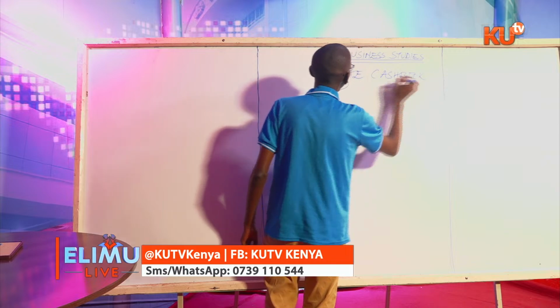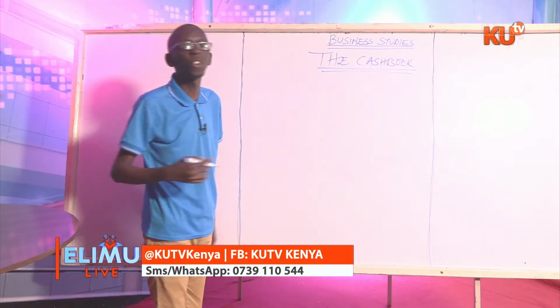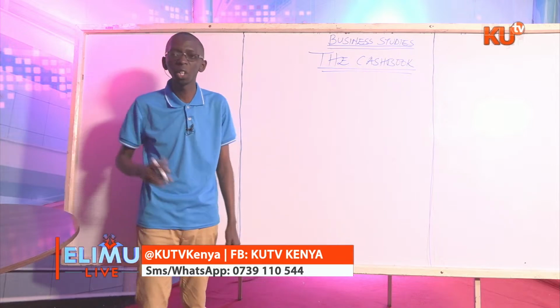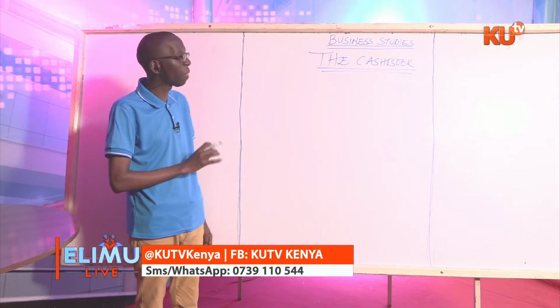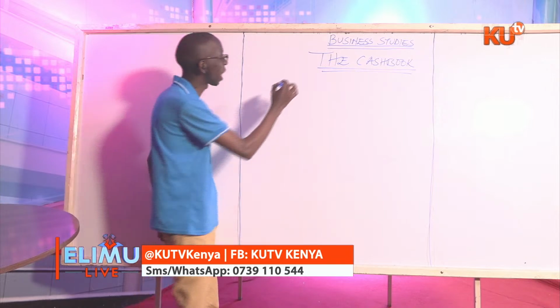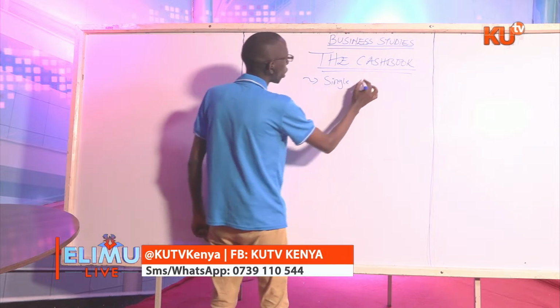The cash book, my dear students, there are three main types of cash book. Okay, we have the petty cash book, but the main types of cash book are three. That is one, the single column cash book.